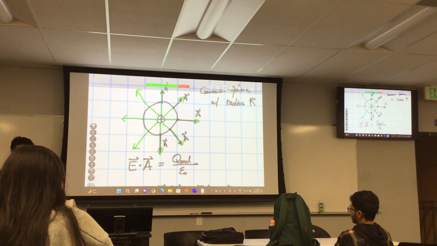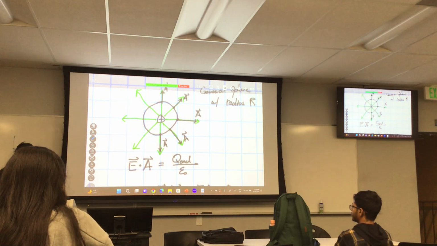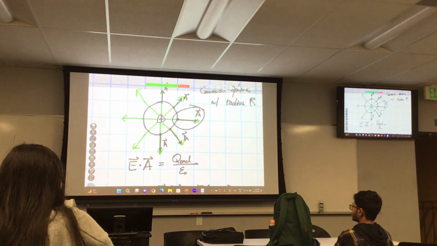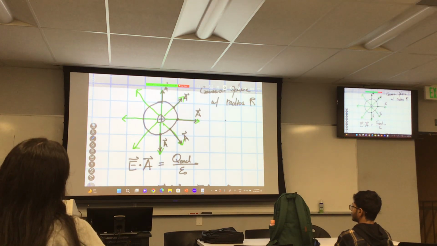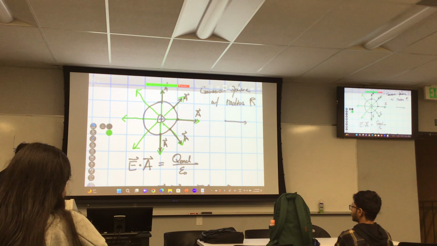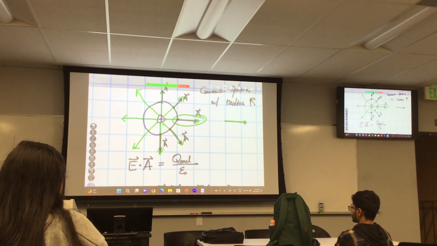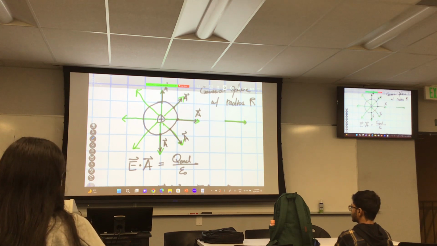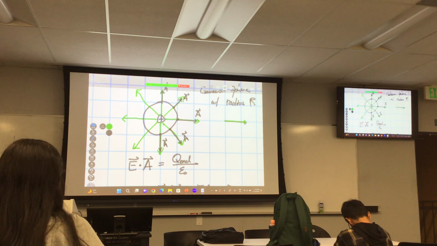Is it greater than 90? Yes. Really? How's it greater than 90? So here our area vector is here, and our electric field vector is there. What's the angle on this one? Zero. Yeah, the angle's 0. What about here?